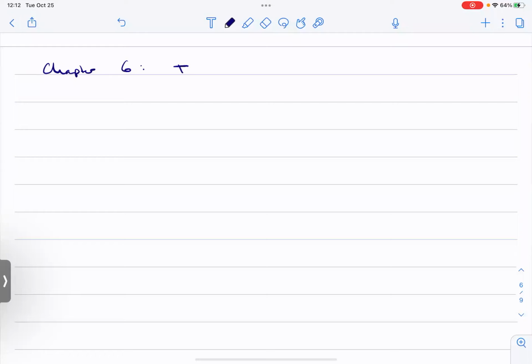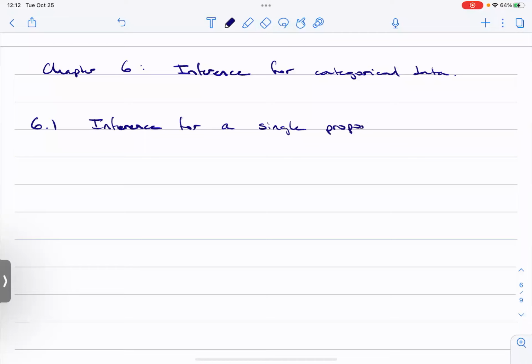Chapter 6 is inference for categorical data. 6.1 is called inference for a single proportion. A single is really one sample, right?